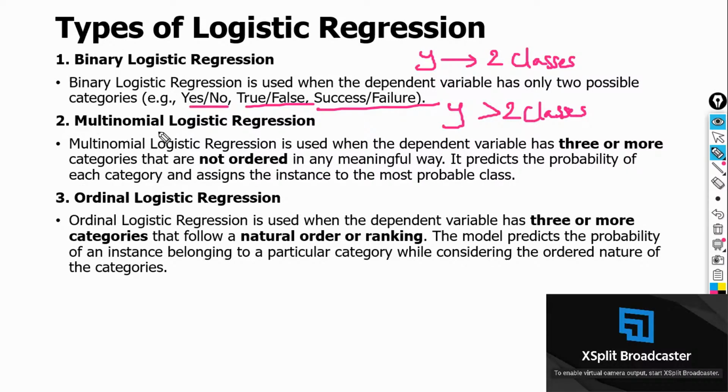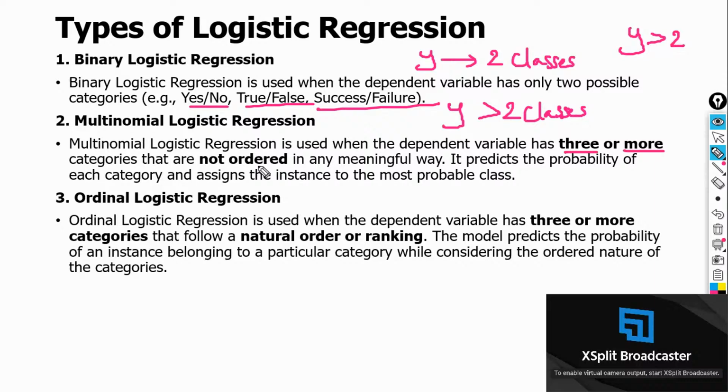If your dependent variable has three or more categories, that means more than two categories, then we can use multinomial logistic regression, and make sure that these three or more categories are not ordered.